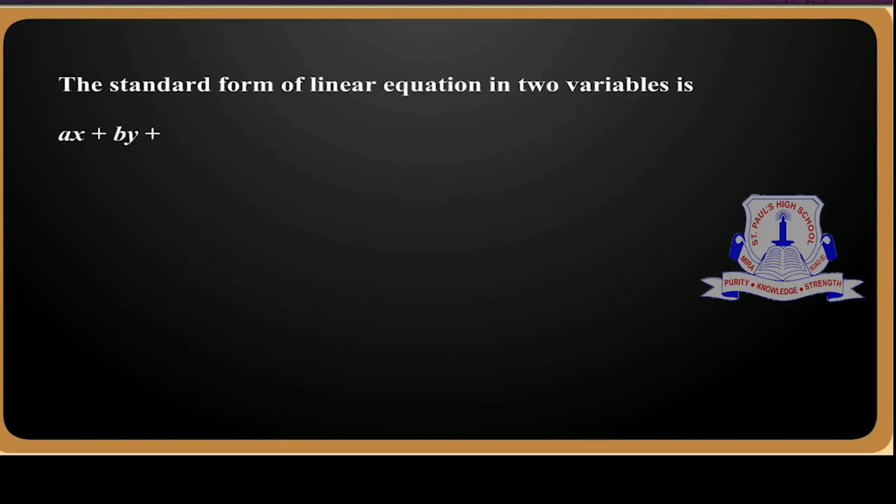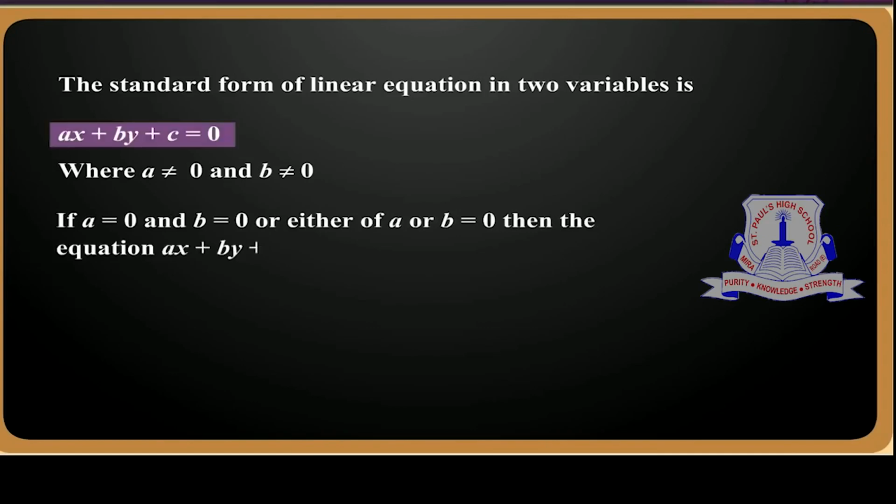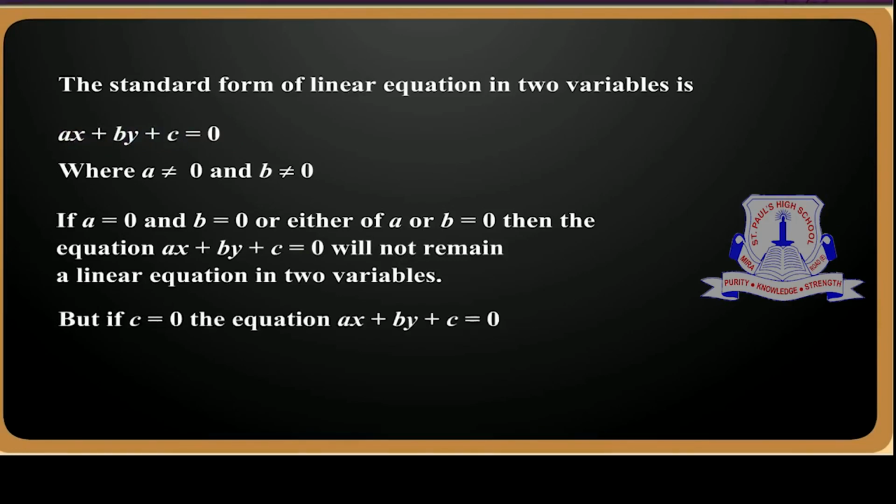The standard form of the linear equation in two variables is ax plus by plus c equal to 0, where a is not equal to 0 and b is not equal to 0. If a equal to 0 and b equal to 0, or either a equal to 0 or b equal to 0, then the equation ax plus by plus c equal to 0 will not remain a linear equation in two variables.